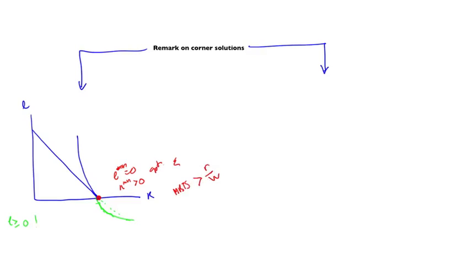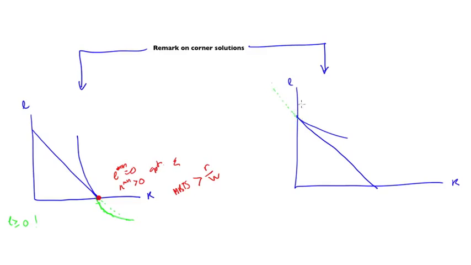Now, you could similarly imagine a situation like this. It's basically the analogous situation, the opposite case. You have the isocost line like this again, and you have that the isoquant, again, is coming steeper here than the isocost line. So again, if you were to extend this beyond the range of feasible inputs, you will get that the isocost line was like this, and the isoquant was like this.